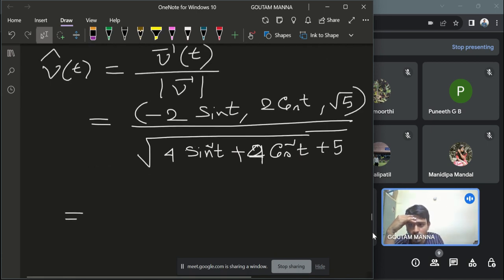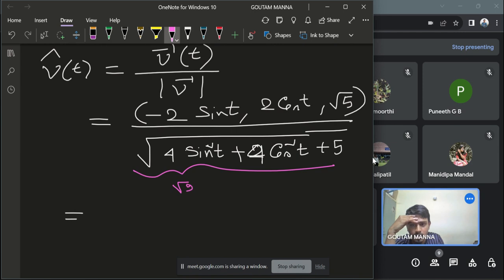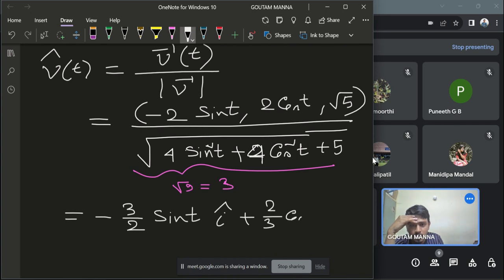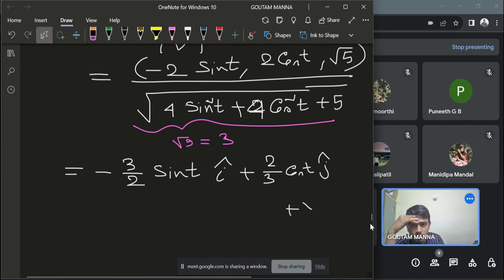So this term will be sine square t plus cos square t, which is 1, so this is root 9, that is 3. So the unit vector will be minus 3 by 2 sine t i cap plus 2 by 3 cos t j cap plus root 5 by 3 k cap.